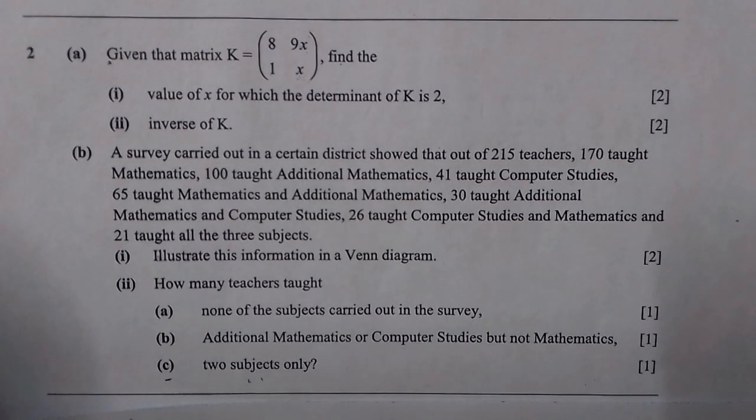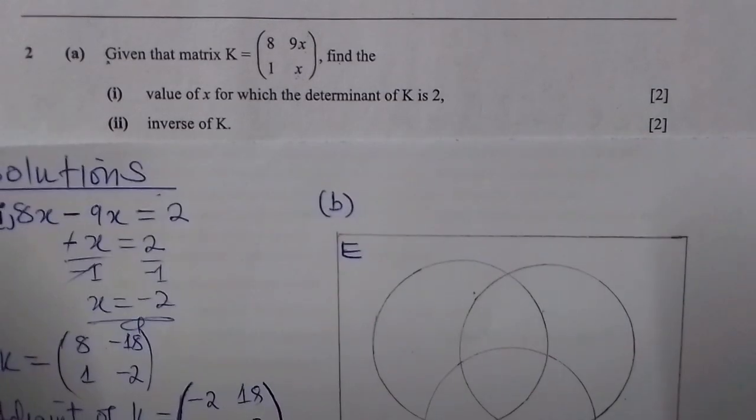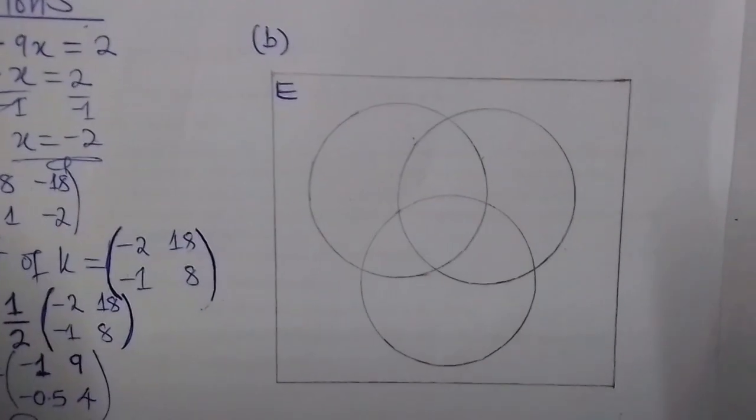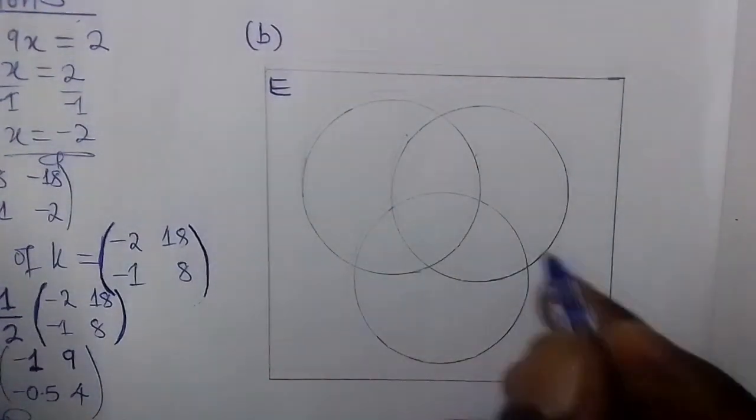To answer the first part, illustrate this information in a Venn diagram, we need to draw a Venn diagram with 3 sets, since the teachers taught mathematics, additional mathematics, and computer studies. I've already drawn the Venn diagram with 3 sets, so we just have to denote the sets.